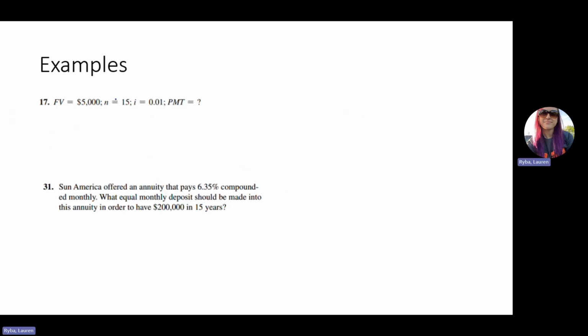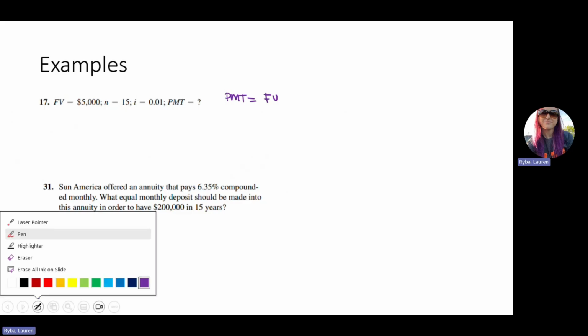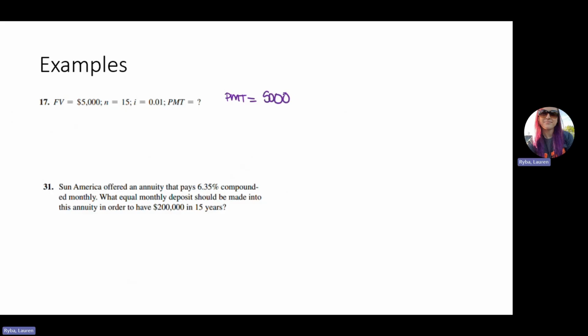So it says our future value is 5,000. I have 15 deposits or withdrawals I'm going to take. Interest is 0.01. What is the payment that will get me to that value? So payment equals future, oops, sorry, need to actually put in my future value. 5,000 times the interest rate, 0.01, over 1 plus 0.01 to the 15 minus 1.